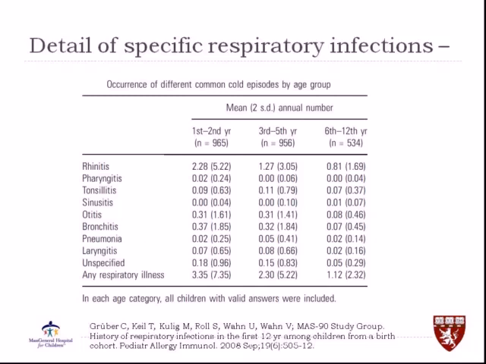So this remains one of the best studies looking at incidence of respiratory infections, febrile respiratory infection in the first few years of life. And this is another observational study from the first year to the 12th year of life. As you can see, during the first few years, your incidence of respiratory symptoms is 3 or 4 events a year. And then this is your 2 standard deviation, which is up to 7 or perhaps 8.